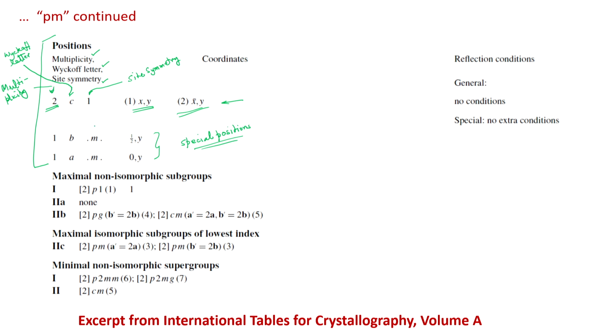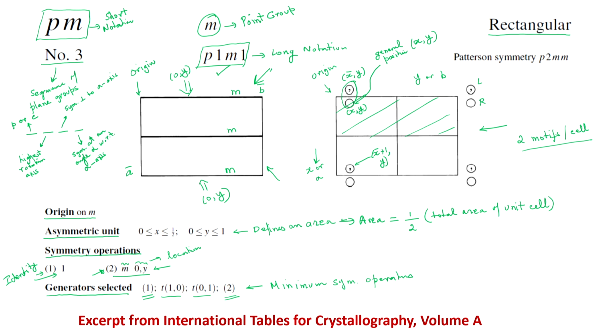Here this m is showing that it is lying on a mirror plane. Essentially, it is lying on the mirror plane in the middle, which is perpendicular to the x axis.